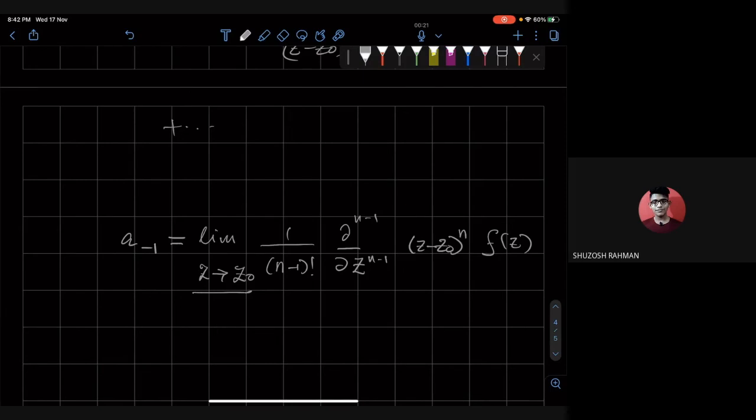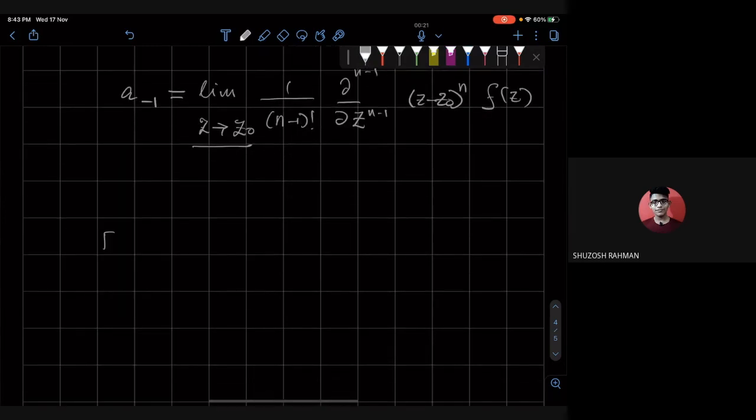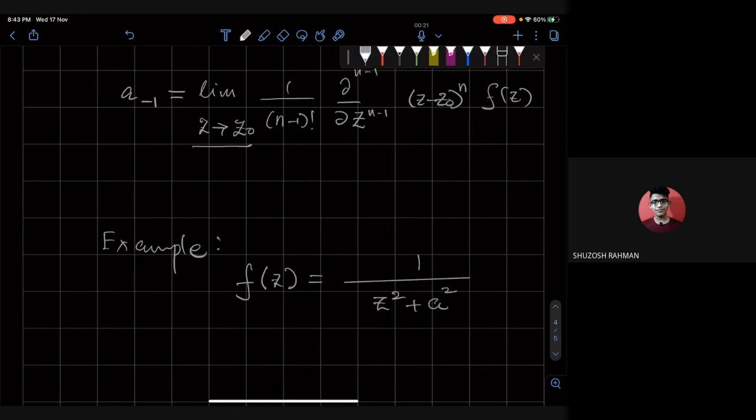Okay, let's do an example. Suppose I take this function f of z, which is 1 over z squared plus a squared, where a is some complex number.